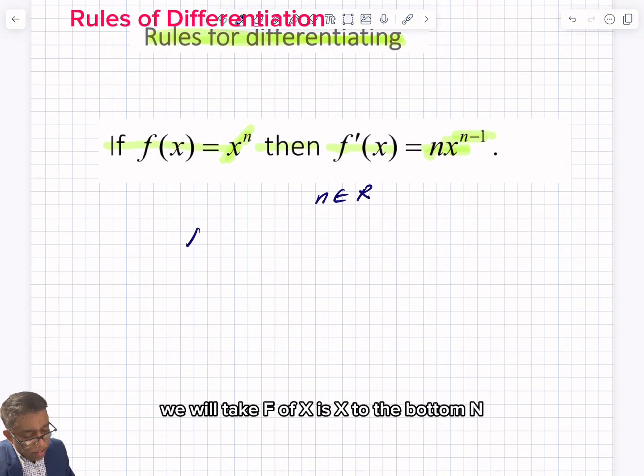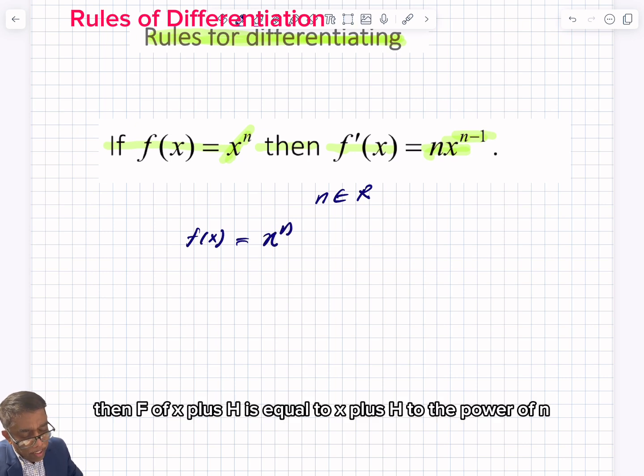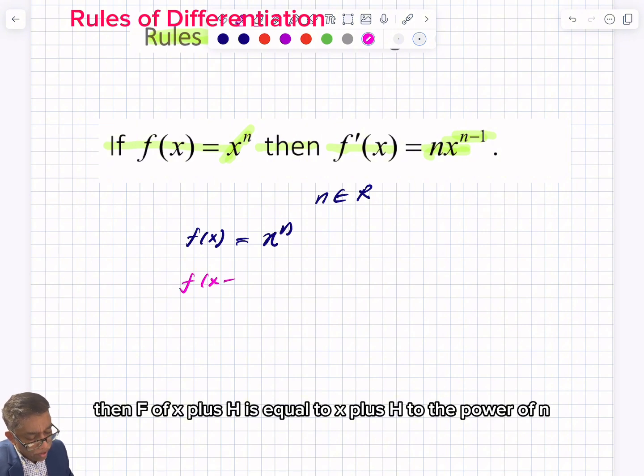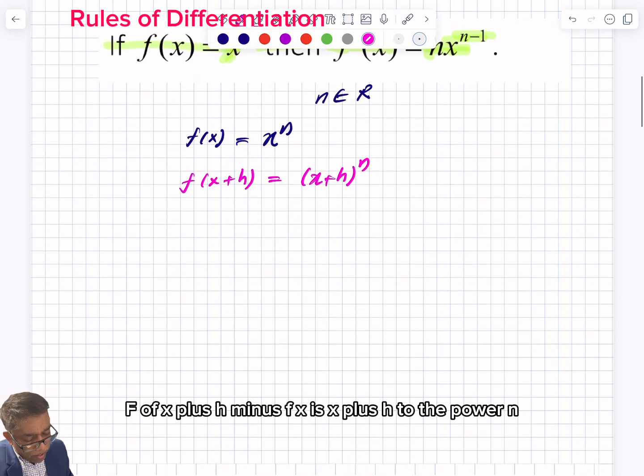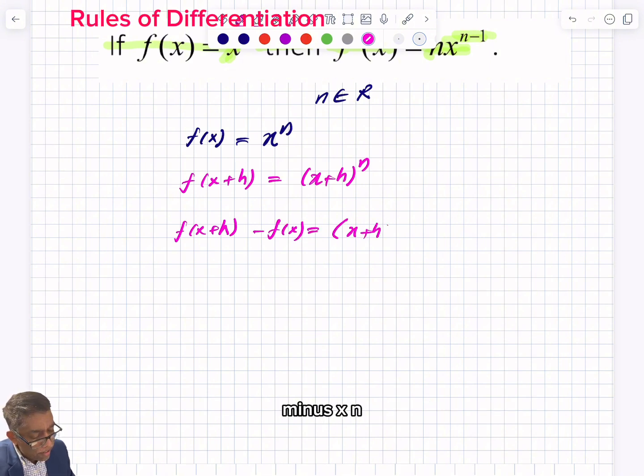We will take f(x) as x to the power of n. Then f(x+h) is equal to (x+h) to the power of n. f(x+h) minus f(x) is (x+h)^n minus x^n.